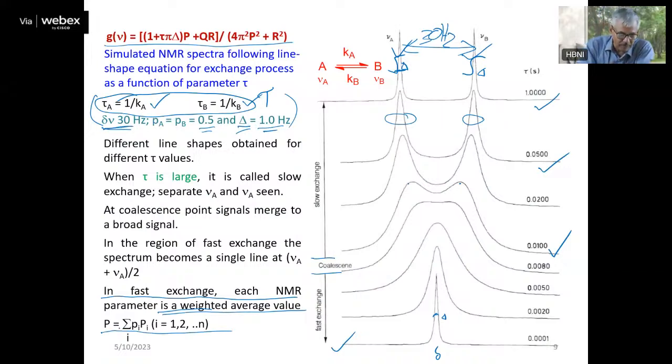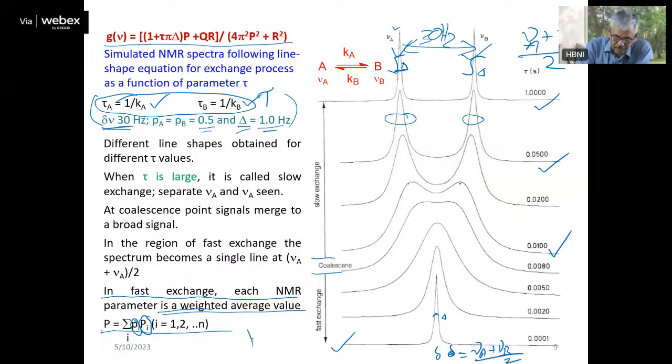I have told the same thing many times: P will be the summation of Pi, where Pi is the mole fraction and Pi is the parameter value for the ith component. Here there are only two components. If they are equal, it will be just the average, nu A plus nu B by 2.